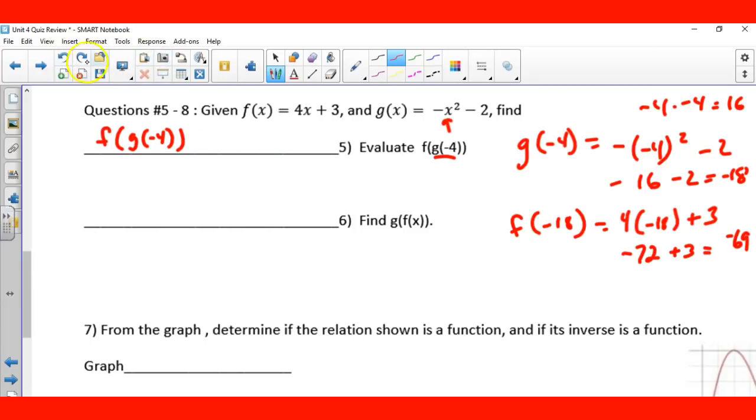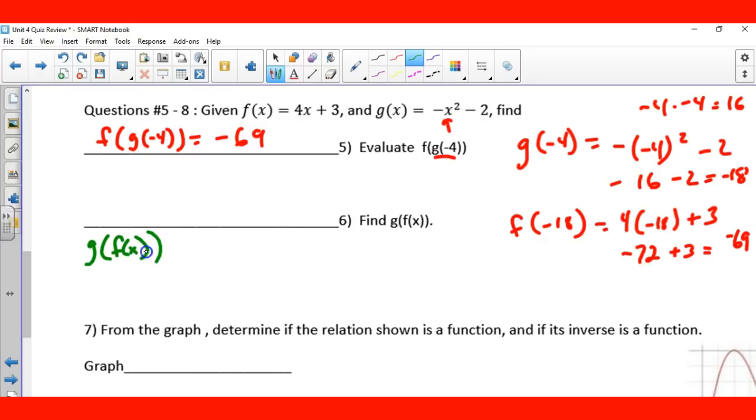Alright, so now let's do the next one. The next one says g of f of x. So g of f of x is a composite function. This is just saying x is not defined as anything but x, so it will remain x the entire time.